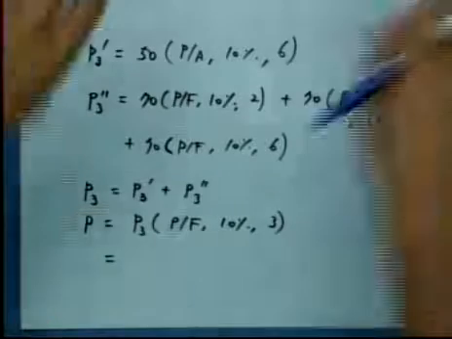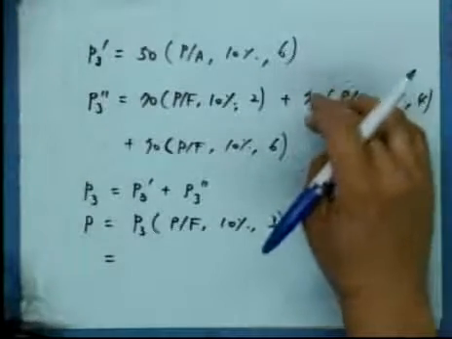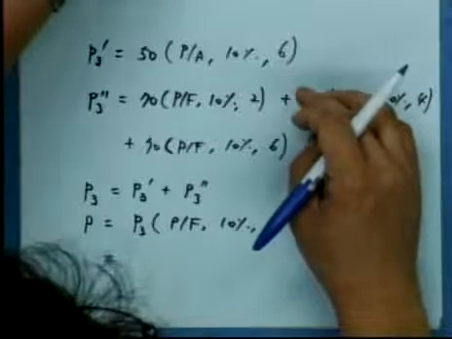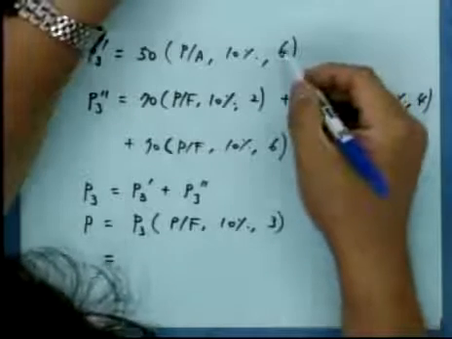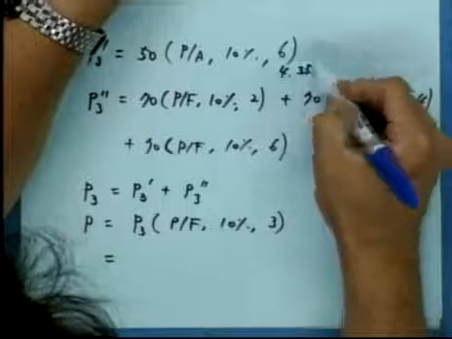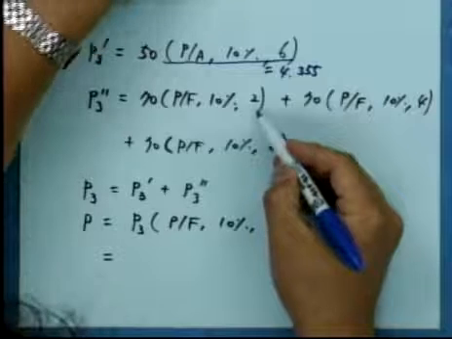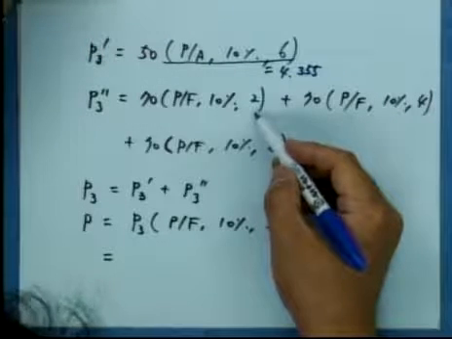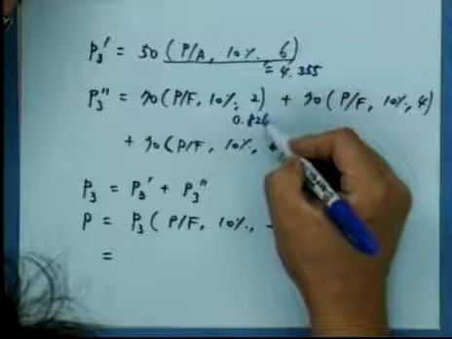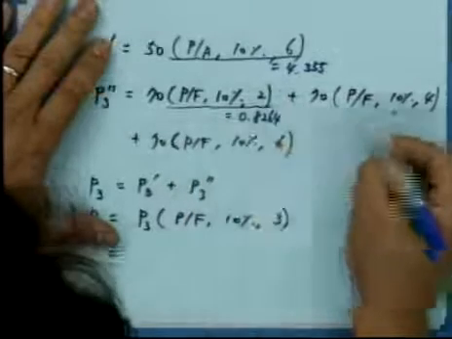So let me just give you the table values for each of these factors. P given A over 6 periods is 4.355, and P given F over 2 periods is 0.8264. What about this?